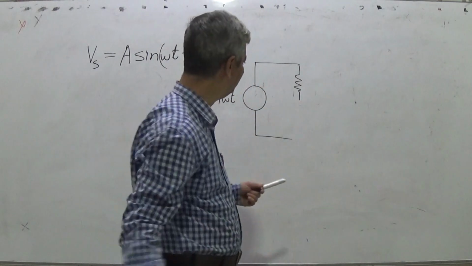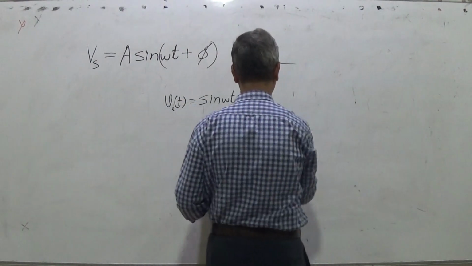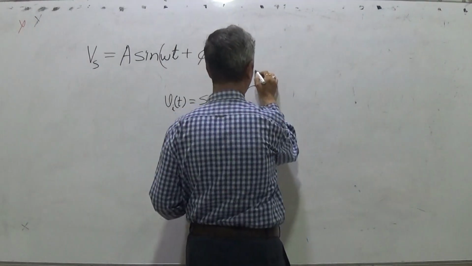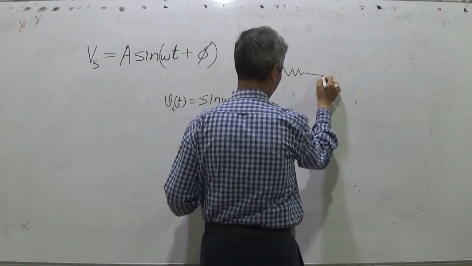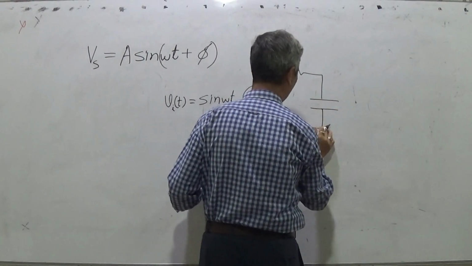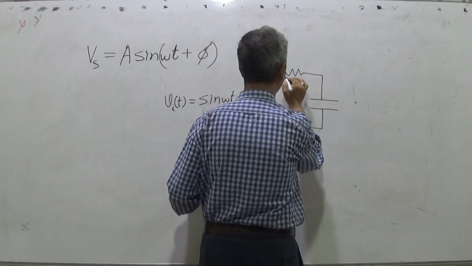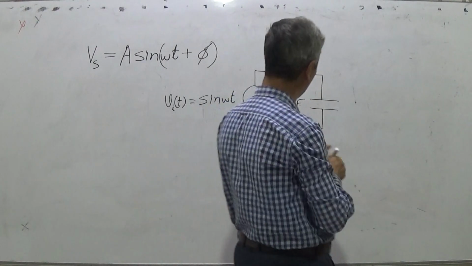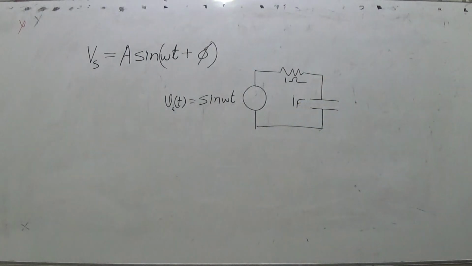I can draw it like this, or if you want the resistor shown in a horizontal manner in the RC circuit, you may not like it, so we show both vertically. It doesn't make any difference. And values also I deliberately take as 1 ohm and 1 farad.